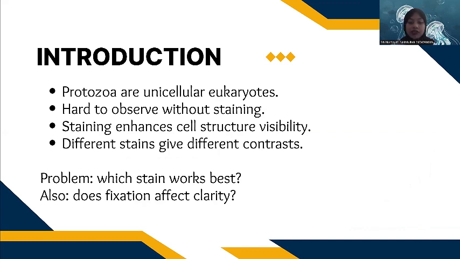Staining is a fundamental technique in microbiology used to enhance contrast and help visualize specific cell structure more clearly. Each staining agent interacts differently with cellular components based on chemical affinities. Therefore, selecting the appropriate stain becomes crucial in microscopic observation.